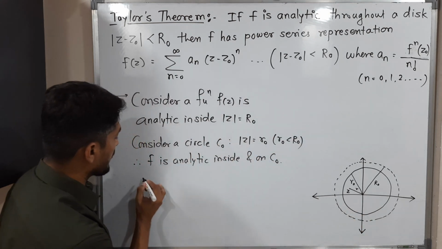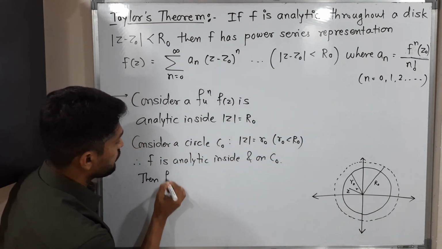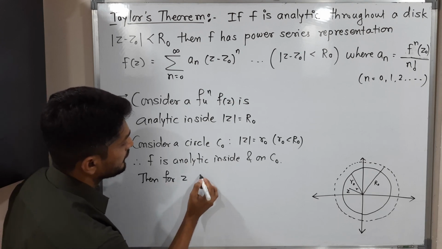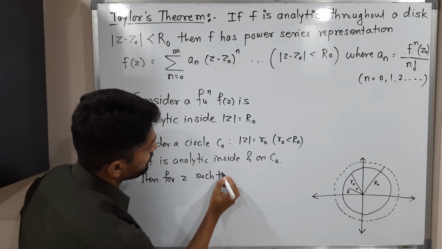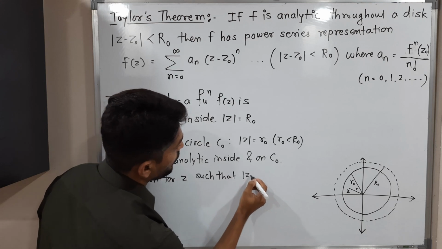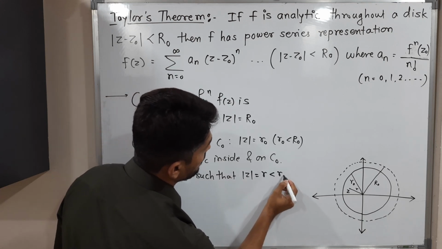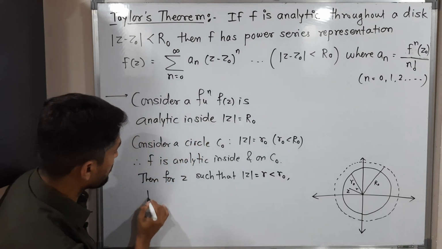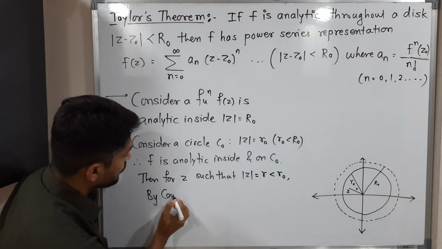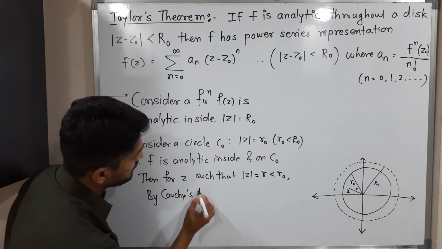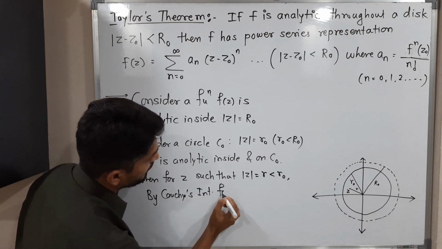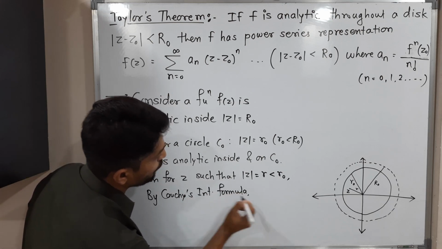So let me mention then, for z such that mod z is equal to r, which is less than r naught, by Cauchy's integral formula, I am going to apply Cauchy's integral formula for that.